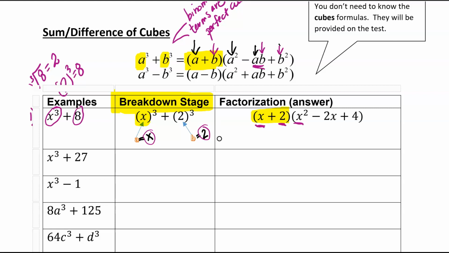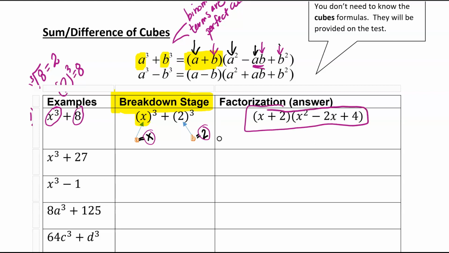Coefficients go in front of the variables. And B squared would be 2 squared. Don't write 2 squared, write 4, because 2 squared can be simplified to 4. So that's why the formula for x cubed plus 8 equals x plus 2 times x squared minus 2x plus 4.